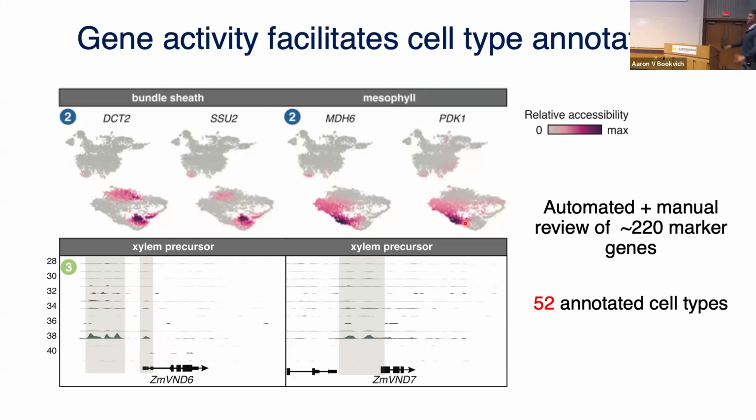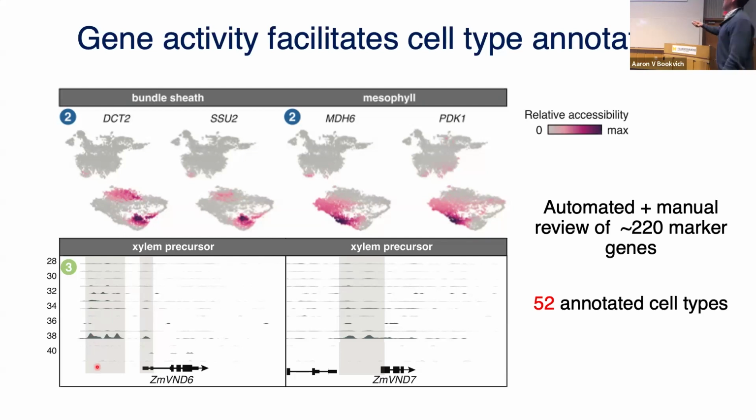But yeah, so we'll use chromatin accessibility as a proxy for gene expression, and we can show it this way on the UMAPs, by using heat as signal. But we can also look at it in a more conventional way, which would be to take all the cells from an individual cluster and pile them up.